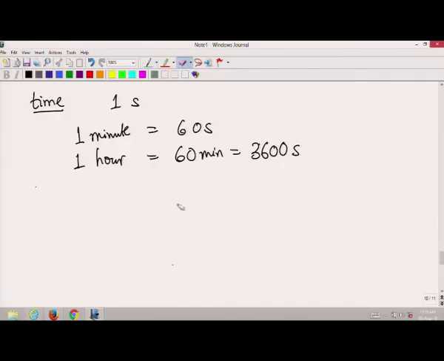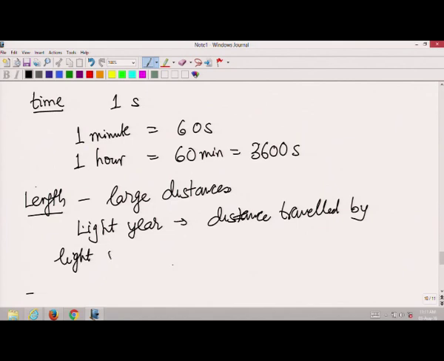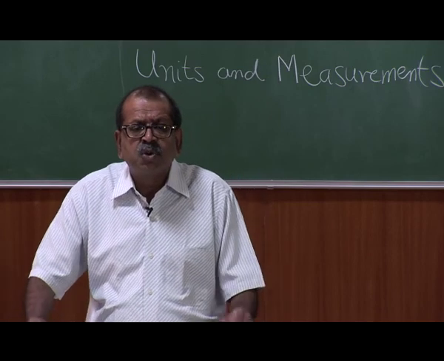For length, for example, when we talk of large distances, particularly the ones in astronomical ranges, we use a unit of length called light year, which is the distance travelled by light in 1 year, and for this light has to travel in vacuum.